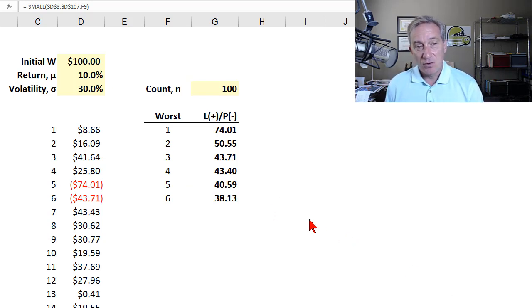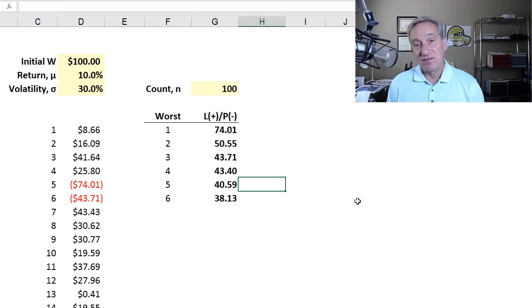And so that's a weakness of VAR, we could say, as a metric in this discrete distribution, but expected shortfall never suffers that weakness. Expected shortfall is a conditional average that is delimited by the probability and therefore will never be ambiguous.